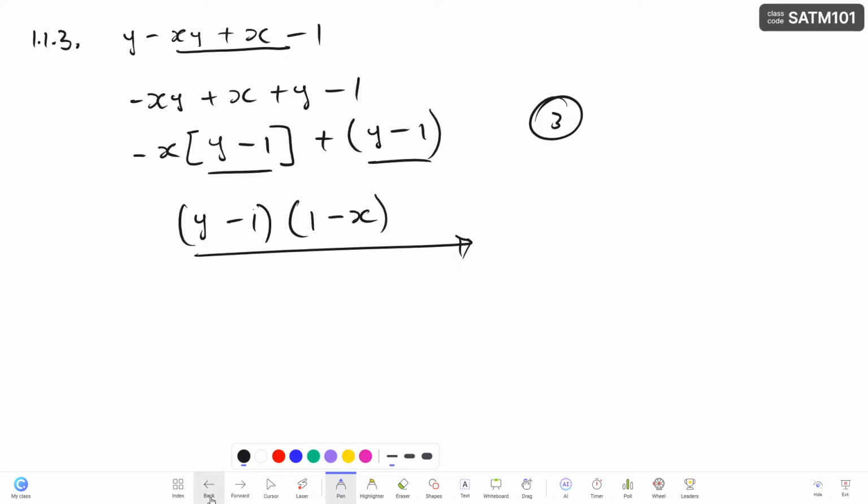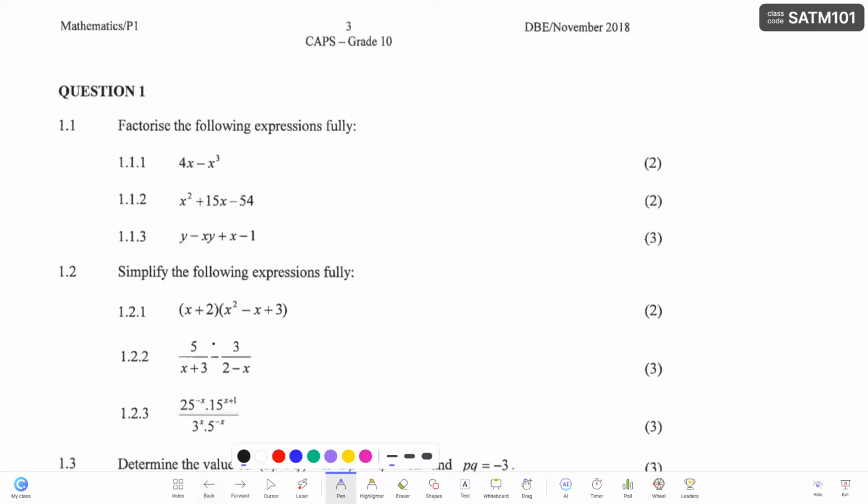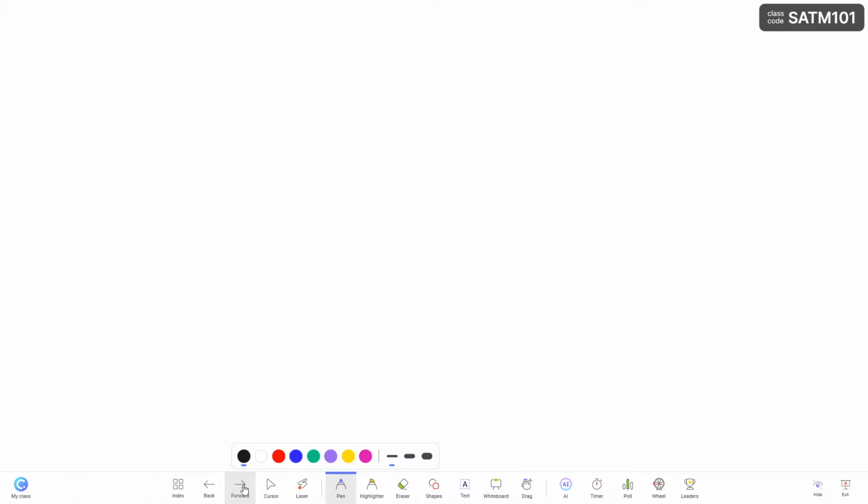So okay, let's go to the next question. They said simplify the following expression fully. We're given this one, they want us to simplify. It's 1.2.1.